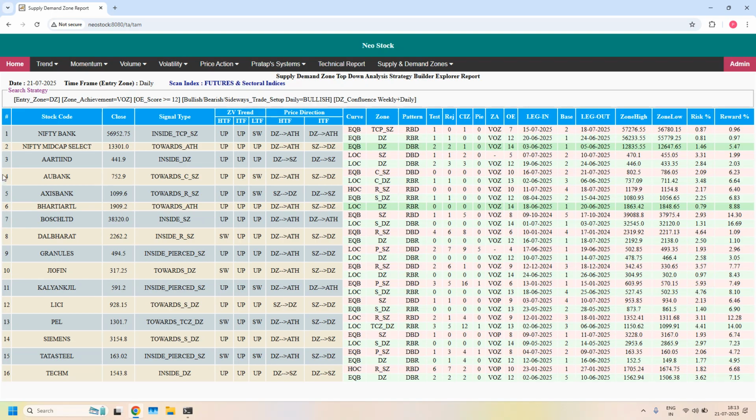See, now the list has come down to 16 stocks. In all these 16 stocks, these daily demand zones are overlapped with weekly demand zones. That means daily demand zone is part of weekly demand zone. That's why we are checking weekly EMA confluence on weekly demand zone.